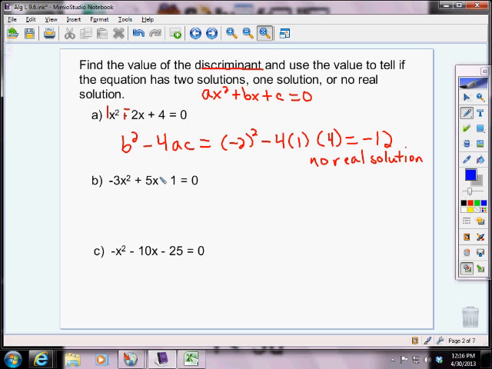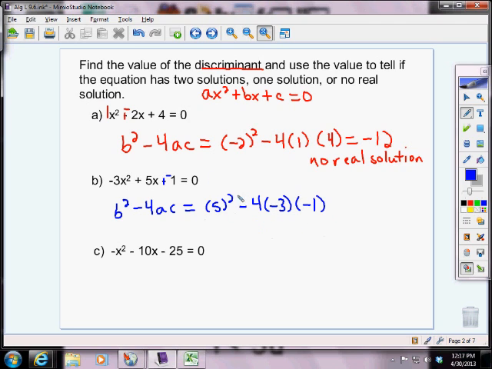Let's look at this next one. Okay, same thing. I'm going to go keep, change, and make that into a plus and negative 1. And I'm going to use our discriminant. B squared minus 4 times a times c. And we just want to figure out how many solutions this quadratic equation has. So we have b, which is 5, squared, minus 4 times a, which is negative 3, times c, which is a negative 1.